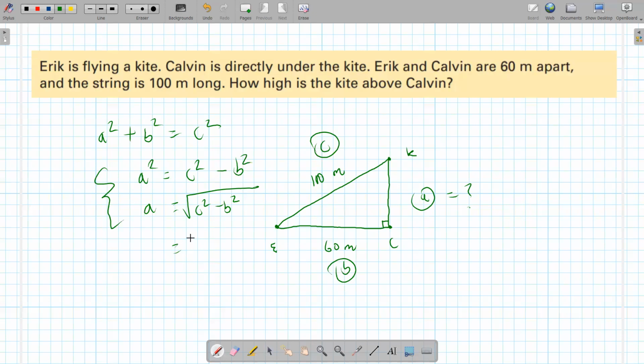Why don't you plug in the numbers and tell me what you get? Try plugging the numbers in, because using the calculator is also a skill. Do I have to square 160? Yes, you do.